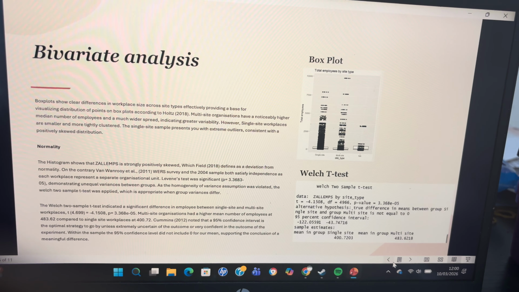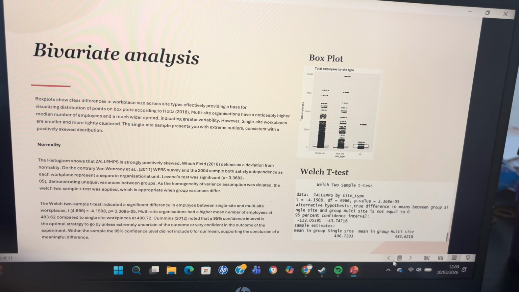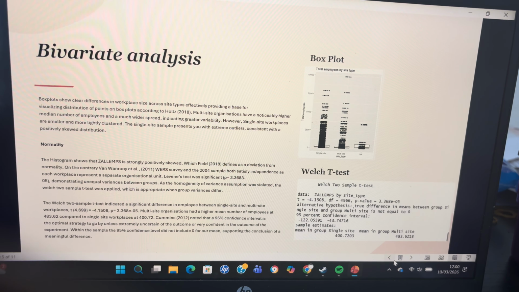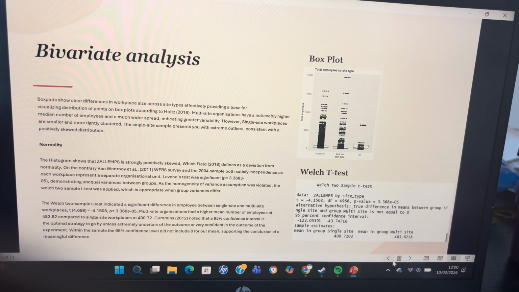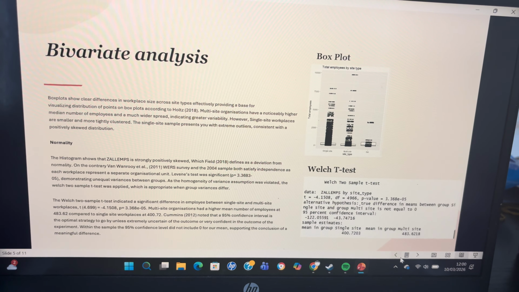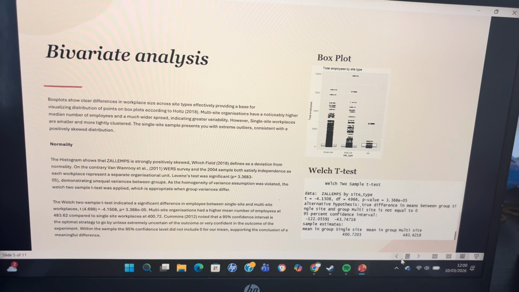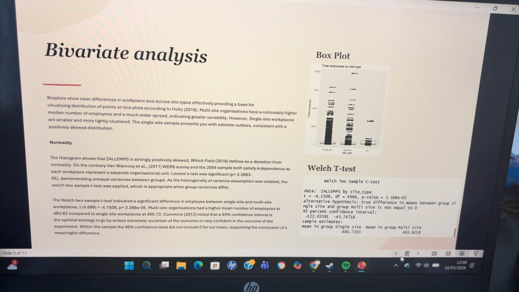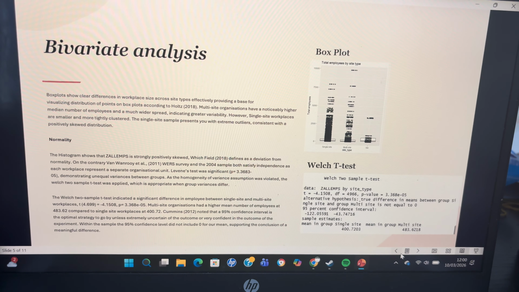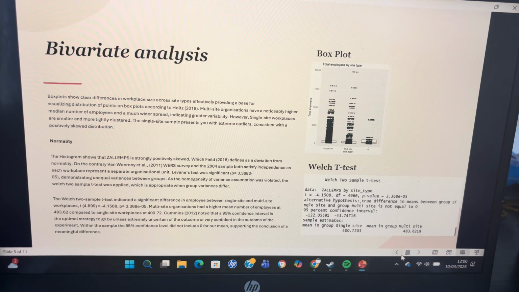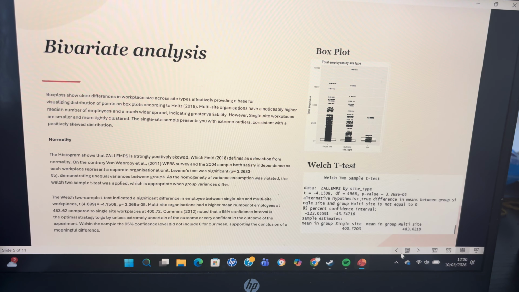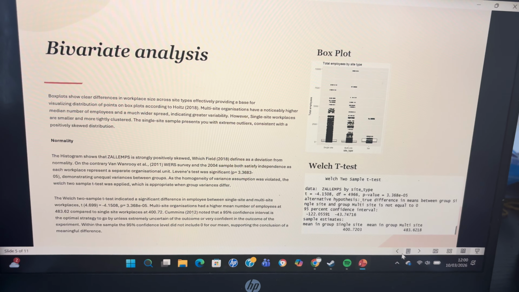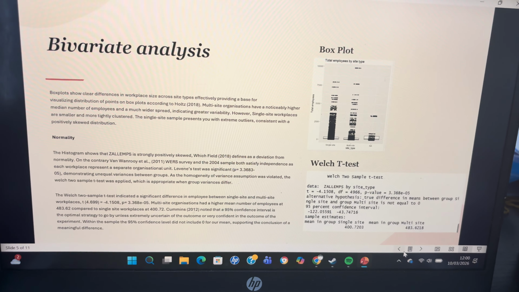On the contrary, the Van Wanrooy workplace survey and the 2004 survey both satisfy independence, as each workplace represents a separate organizational unit. The Levene's test was significant, as our p-value of 3.683 being less than 0.05 demonstrates unequal variance between both groups, so the homogeneity of variance assumption was violated.